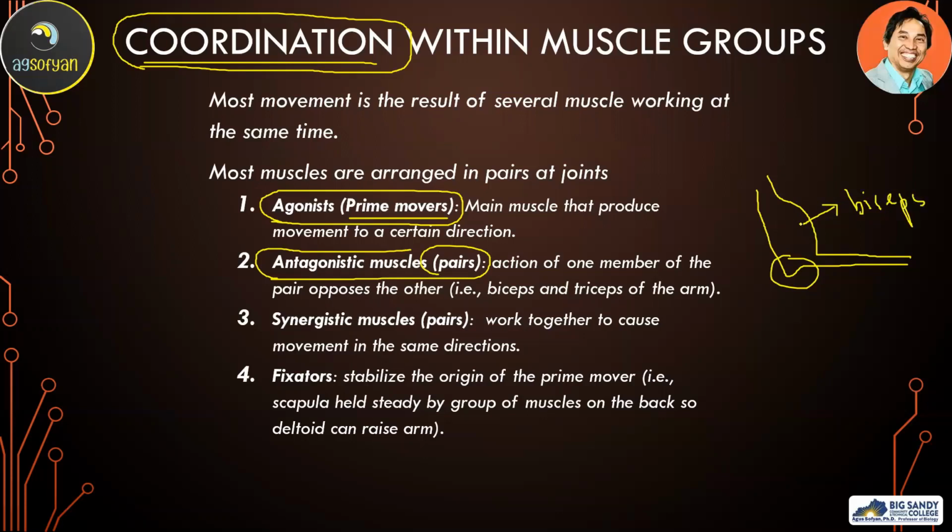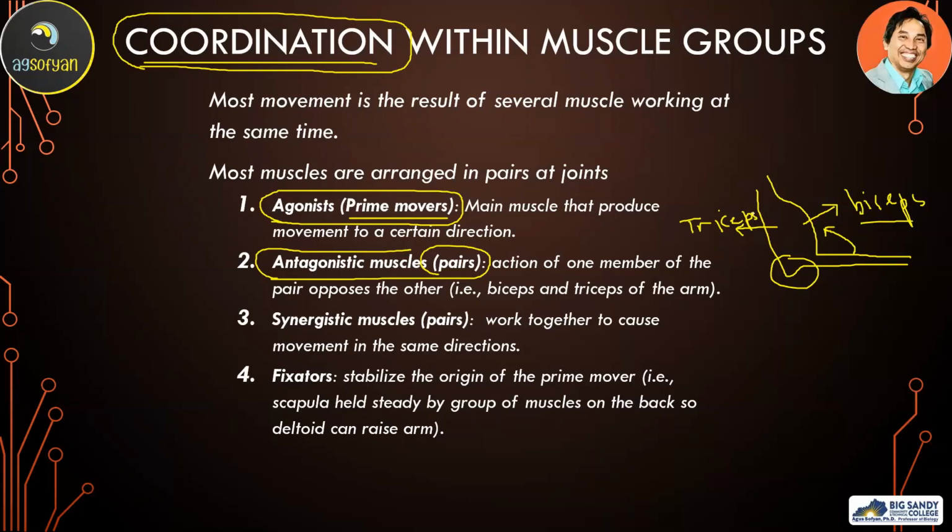And on the back of your upper arm, you have a muscle called the triceps. When you flex your elbow, the biceps will be contracted, then the triceps should be relaxed. So these two muscles are called the antagonistic muscles. One contracts, the other one will be relaxed.